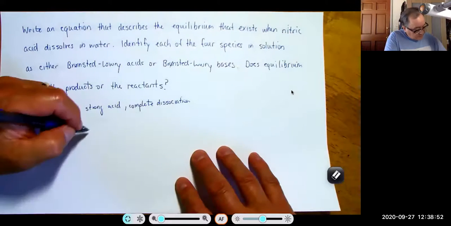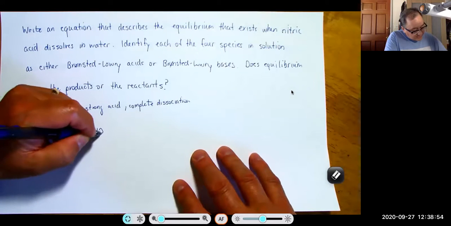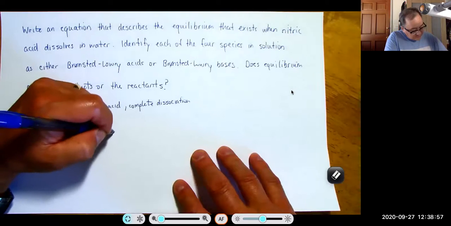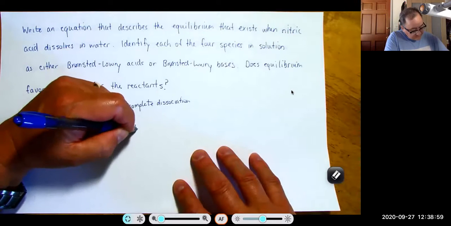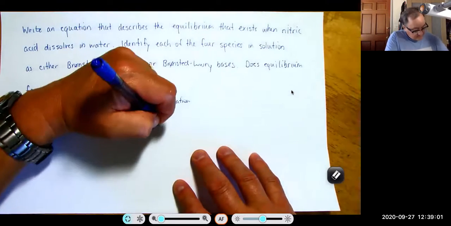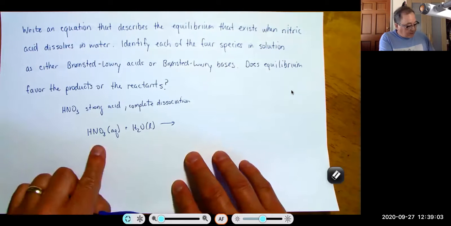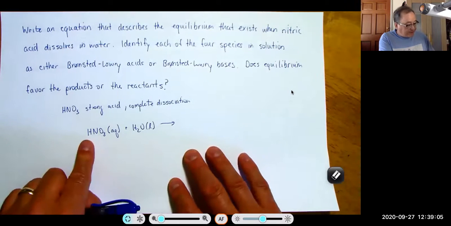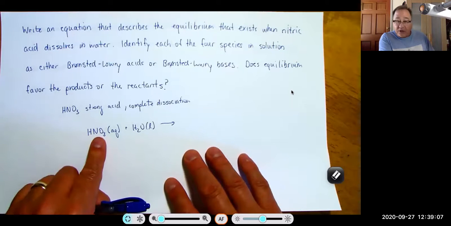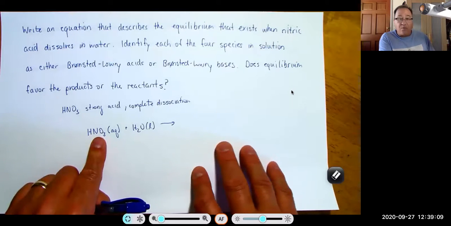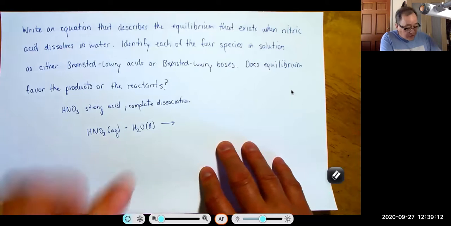So we want to know how this reacts with water. And here we have to think about this. Since this is an acid, it's going to donate a proton. So one less proton, one less charge.